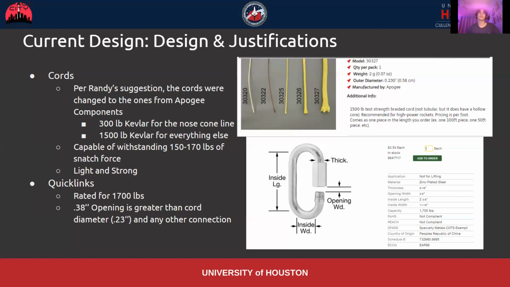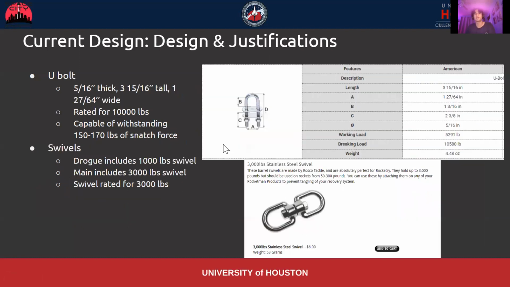The quick links we're going for are rated for 1,700 pounds, as you can see here. It has an opening of 0.38 inches, which is greater than the core diameter. The biggest one here is 0.23, and it should also be compatible with the thickness of the U-bolts here, as well as the swivels here.